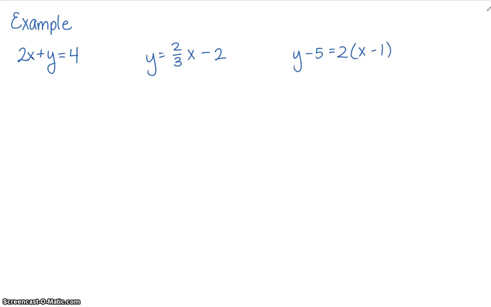Now, this one in the middle here is in a format similar to the ones that we looked at because y is isolated. From this, it's very similar. If I plug in a 0 for x, I'm going to get negative 2 as a result for my y-intercept. So I can read my y-intercept nicely from this equation.